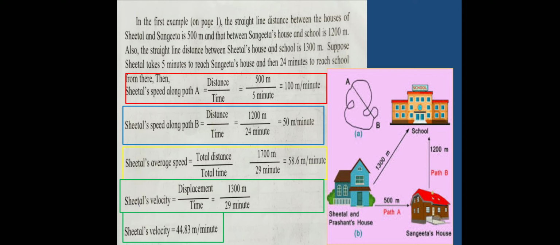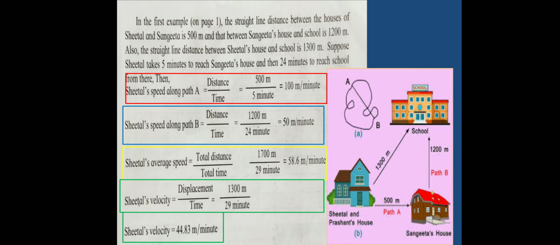Next, you can see in the green box, Sheetal's velocity. Velocity is equal to displacement upon time. The initial position is at Sheetal's house and the final position is at school.